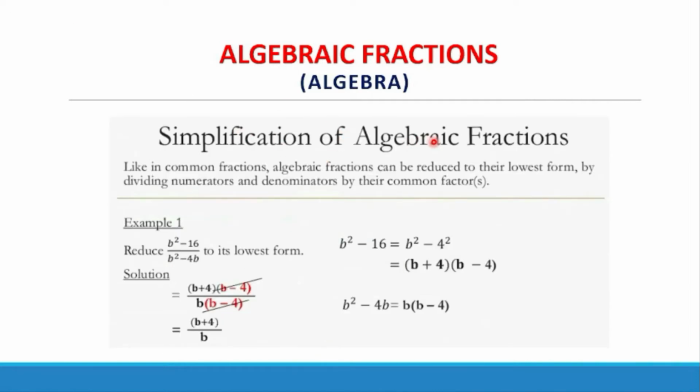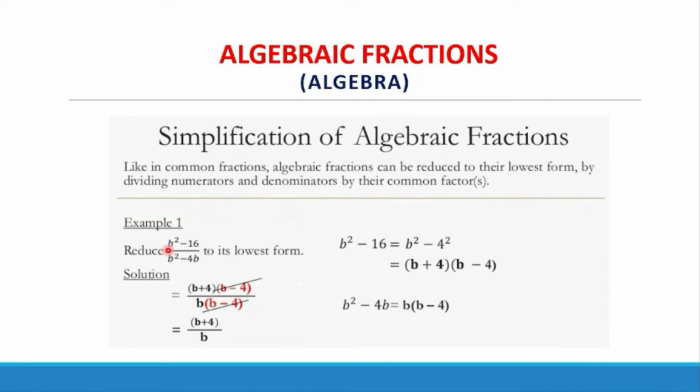For simplification of algebraic fractions, like in common fractions, algebraic fractions can be reduced to their lowest form by dividing the numerator and denominator by their common factors. Example, reduce b squared minus 16 all over b squared minus 4b to its lowest form.